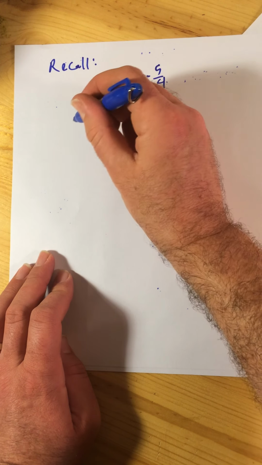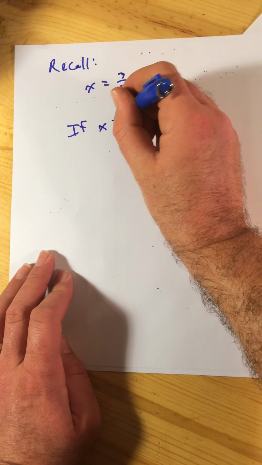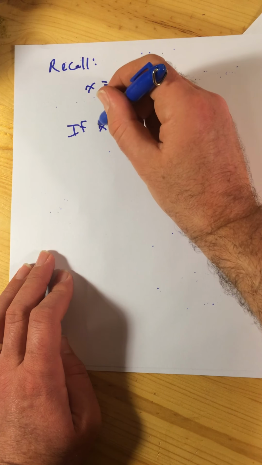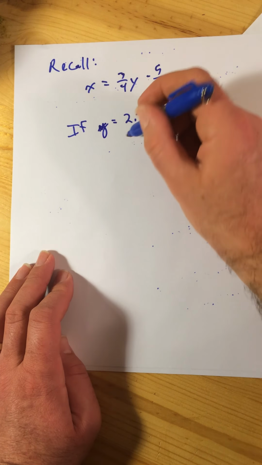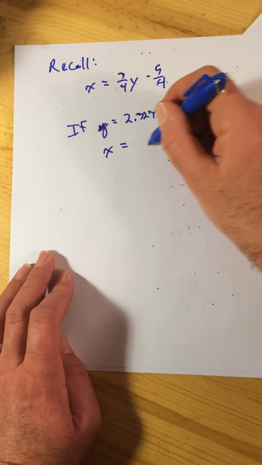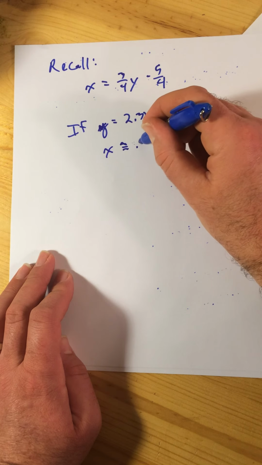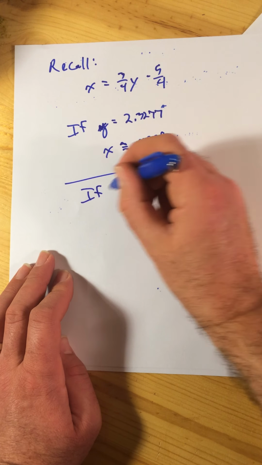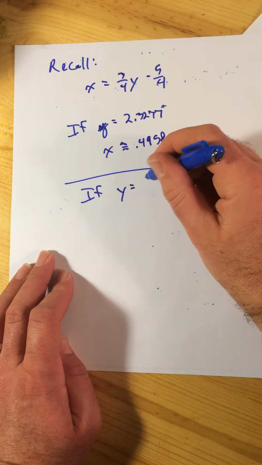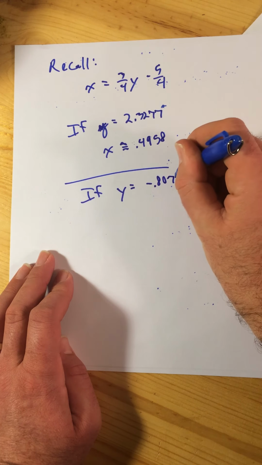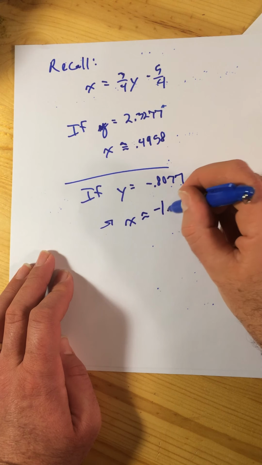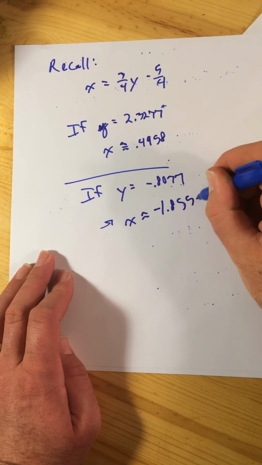So if I plug in y equals 2.3277, my mistake, if I plug that in for y, then I get x is approximately 0.4958, and if I plug in y equals negative 0.8077, what I get is that x is approximately negative 1.8558.